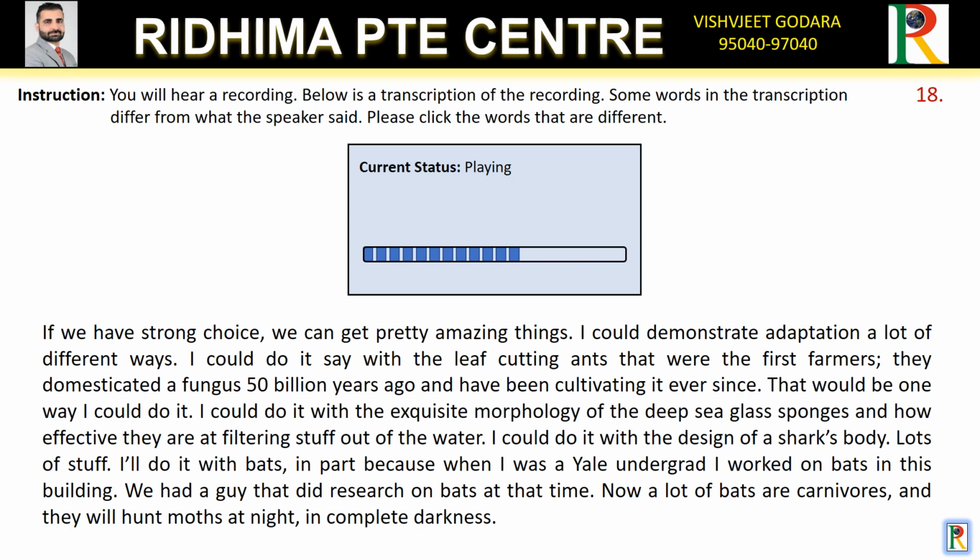I could do it with the design of a shark's body. Lots of stuff. I'll do it with bats, in part because when I was a Yale undergrad, I worked on bats in this building. We had a guy that did research on bats at that time. Now, a lot of bats are insectivores, and they will hunt moths at night in complete darkness.